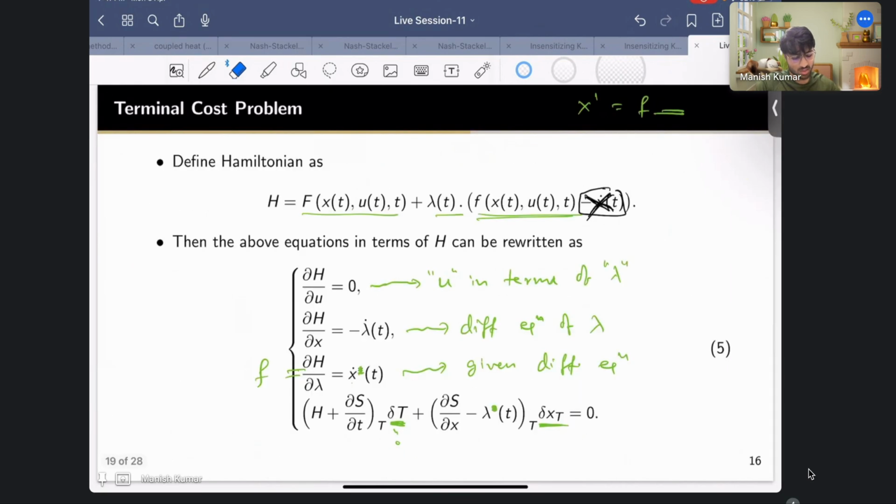So this Hamiltonian actually reduces your computation. When you use the Lagrangian way, you will get a lot of things which would not be that easy to handle. The Hamiltonian reduces this complexity.